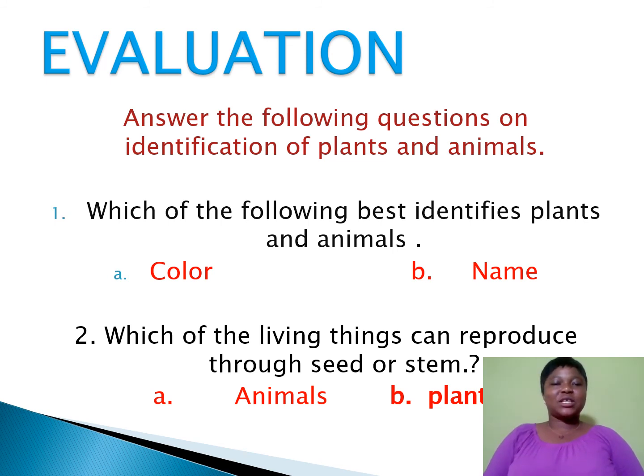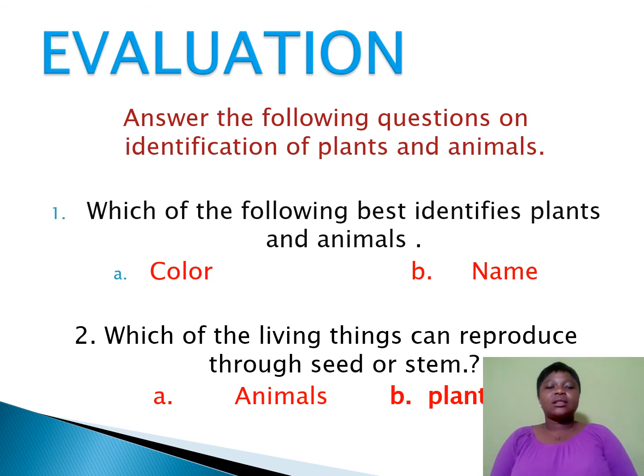So our first question, which of the following best identifies plants and animals? One, color. Two, what? Name. So we have color and name. Which of it best identifies plants and animals? A. Color. B. Name.